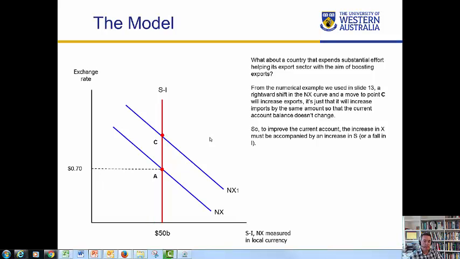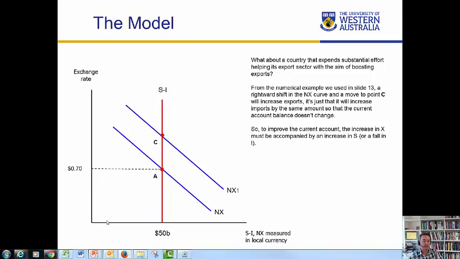The second point that I wanted to make is, let's think about a country that starts off with its S-I line far to the left in this diagram at a value of, say, minus 50 billion.